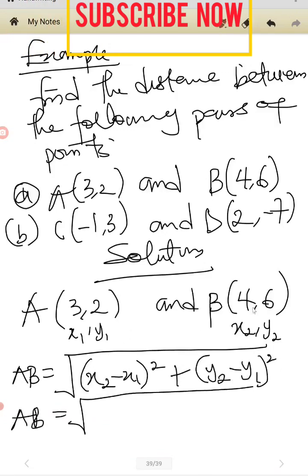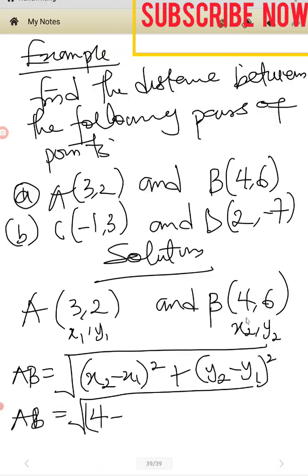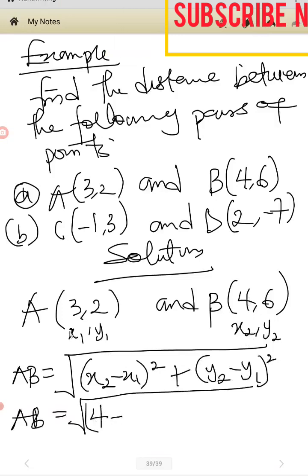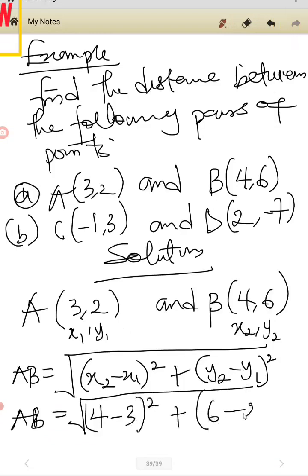So what is the value of our x2, which is 4, minus x1, which is 3, you put square, plus y2, that is 6, minus y1, which is 2, you put square.